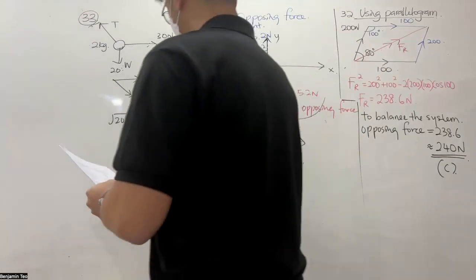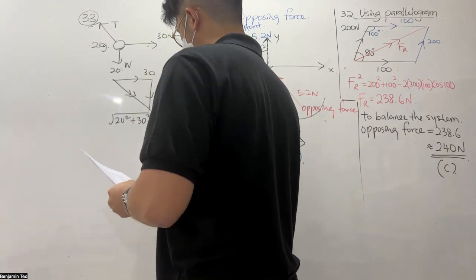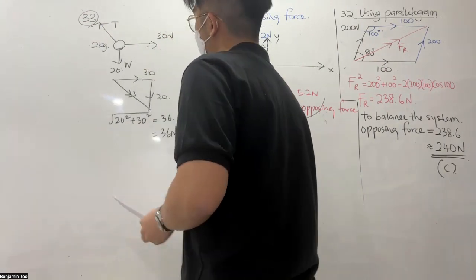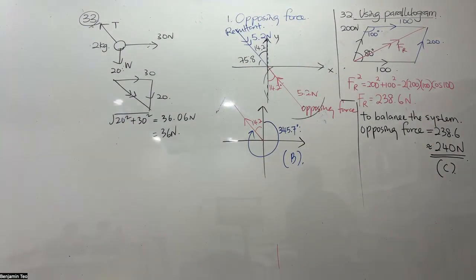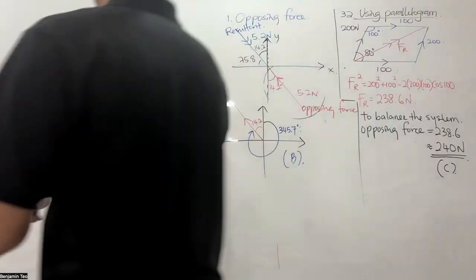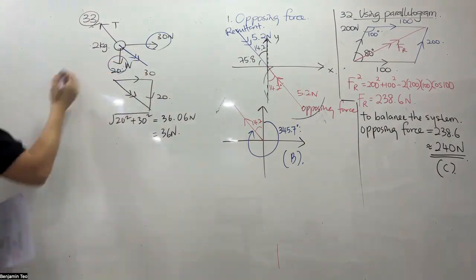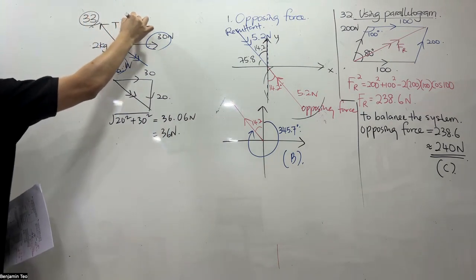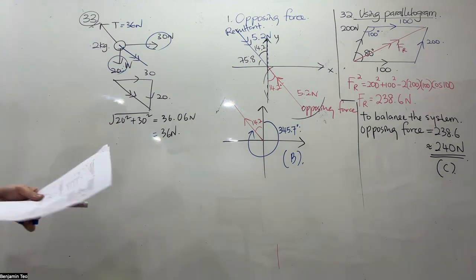We get 36.06 Newton. 36 吧。OK， 所以那个两个加起来是36。Here, the resultant of these two, then the tension must be 36 in the opposite direction.